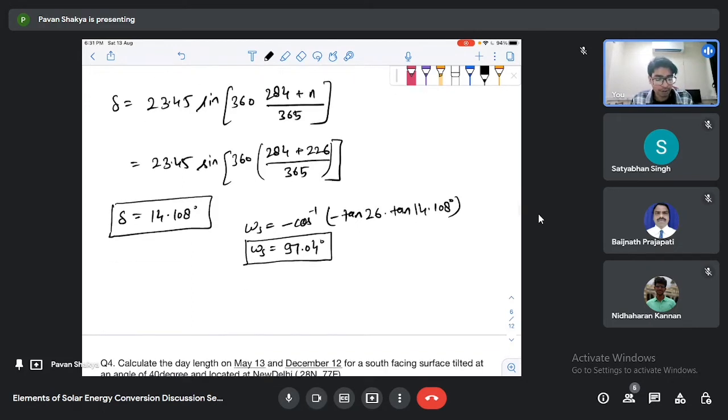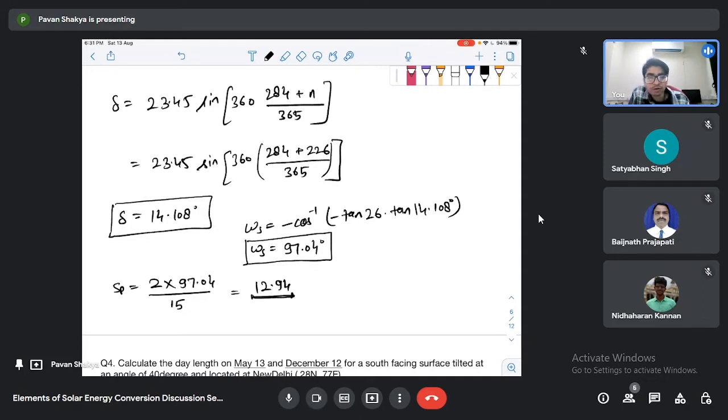So now it is easy to find the day length, which is equal to 2 into 97.04 divided by 15. When we solve this, we find 12.94. So this is the day length. In terms of maths, we can easily leave it at 12.94.